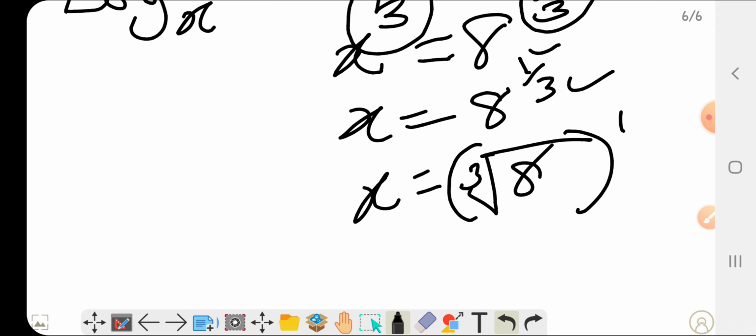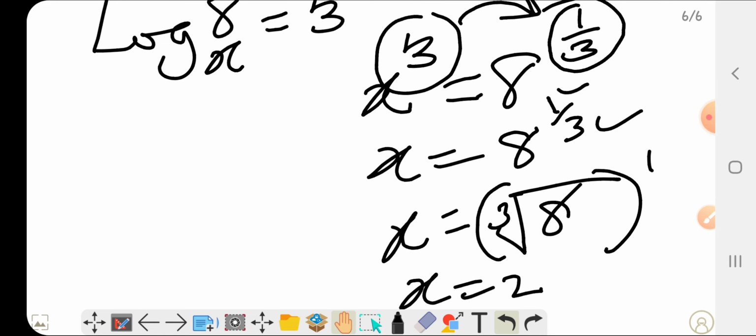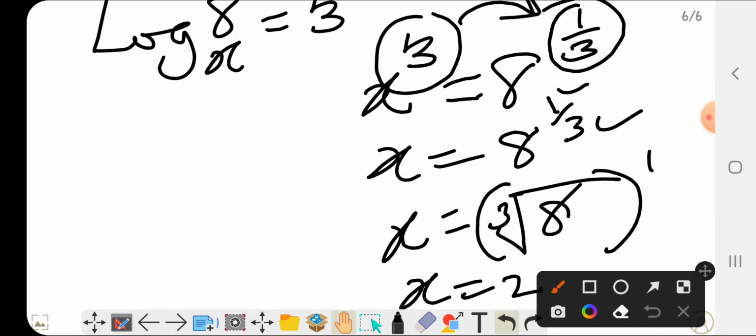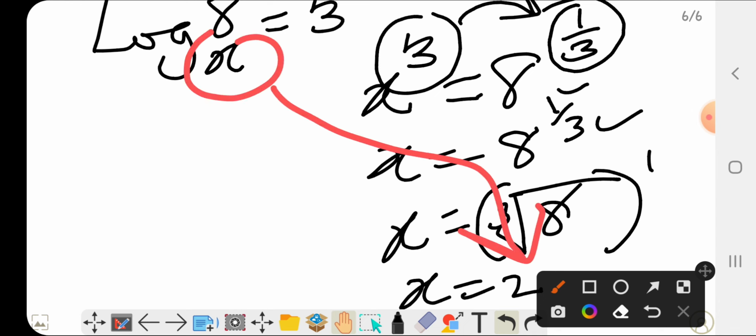And what's the cube root of 8? The cube root of 8 is 2. So you now have x equals 2. That is to say that the value for x is 2. That means 2 raised to the power 3 must give you 8.